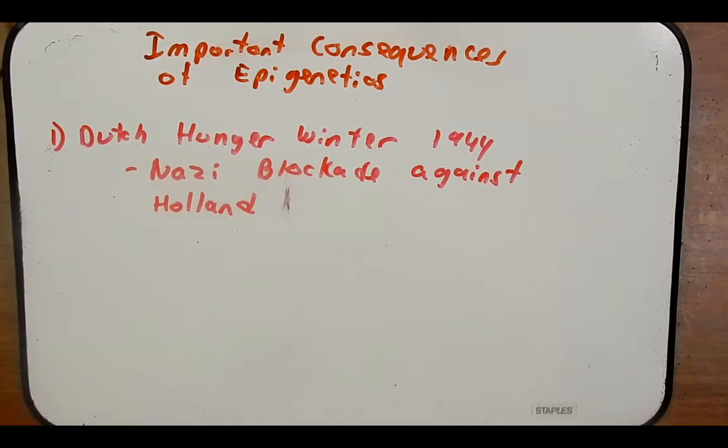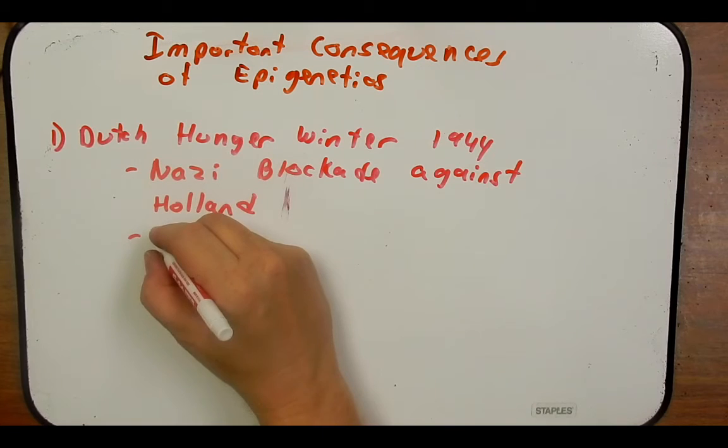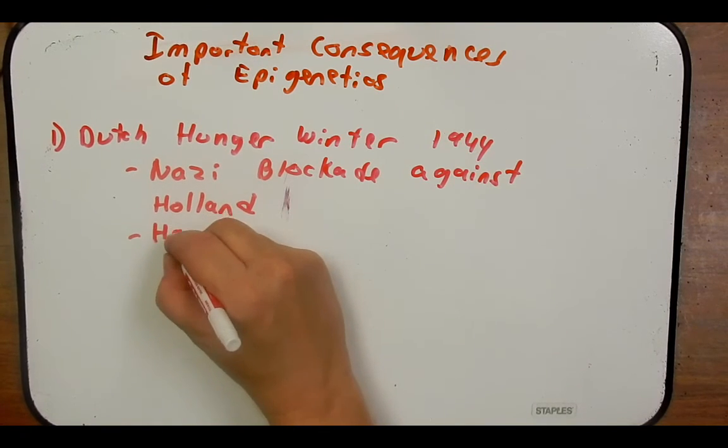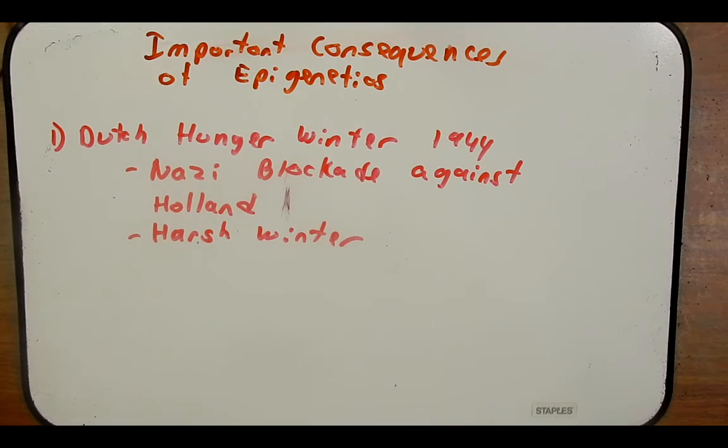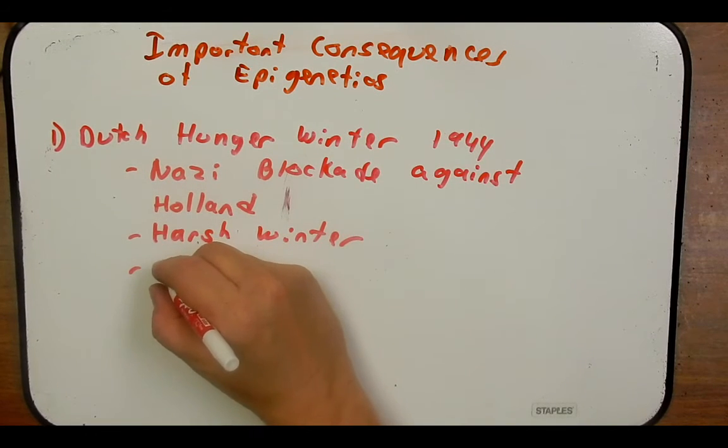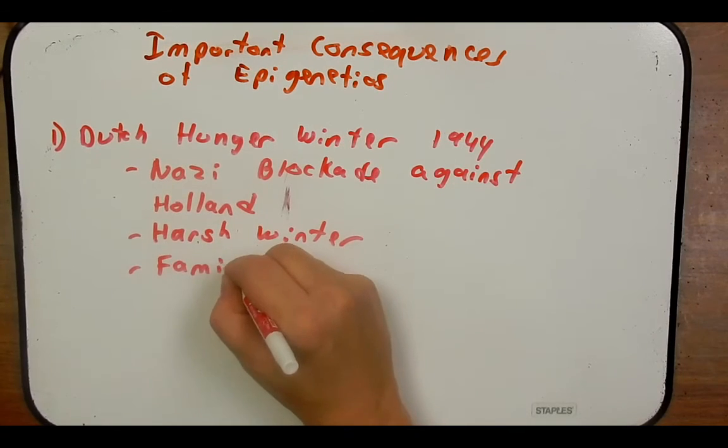And it prevented a lot of food from entering into this country. In addition, at this time, unfortunately, there was also a very harsh winter. And as a result of both of these things, there was widespread famine.